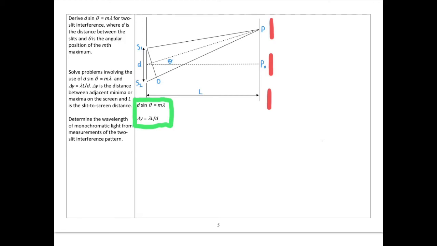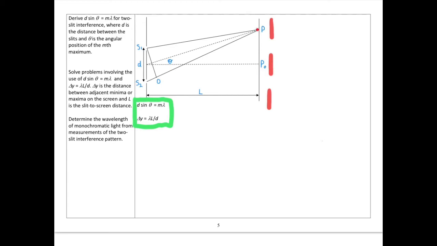So quickly describing this diagram, we've got our two slits, S1, S2, separated by distance D. We've got L being the distance between the slits and the screen, P0 being the point straight through, so we'll get a region of high intensity there because the path difference between there and there will be 0, so it will be constructive interference.